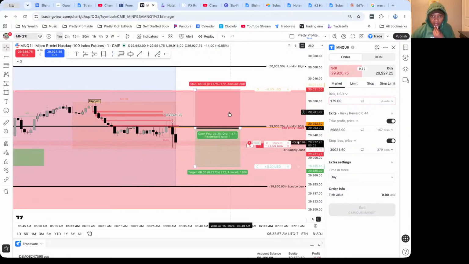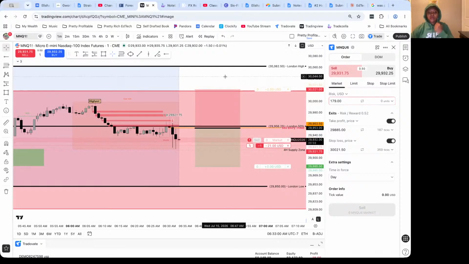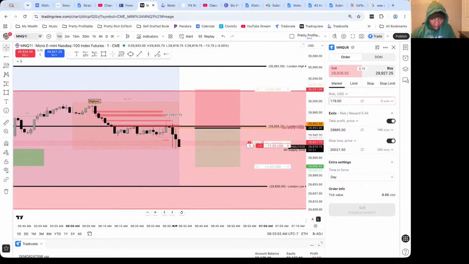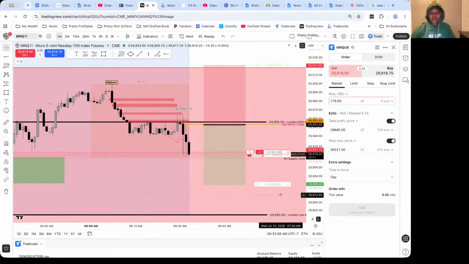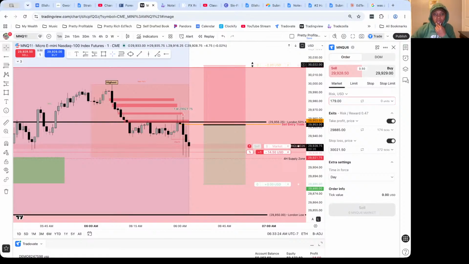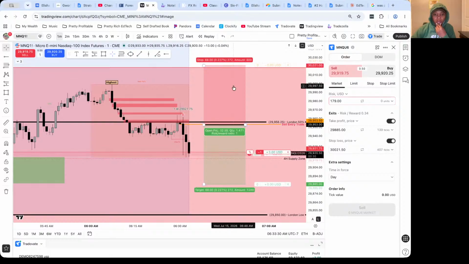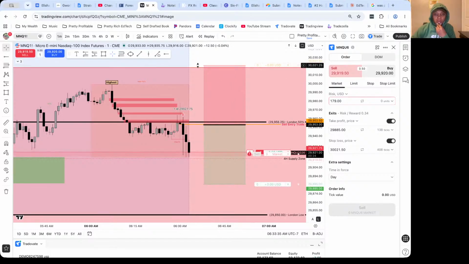Alright, y'all. So I entered here. Okay, this was never a learning opportunity. Where do I want my stop loss to be? And I put it above this zone.